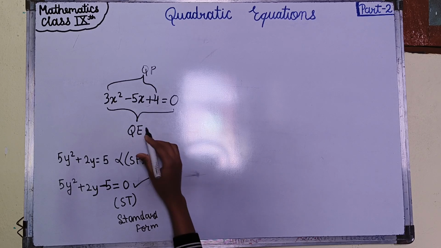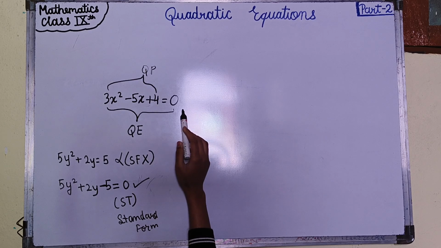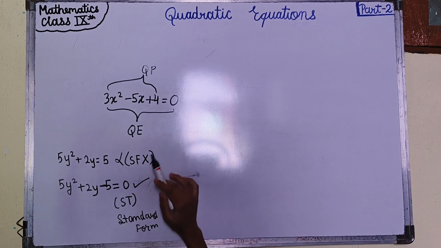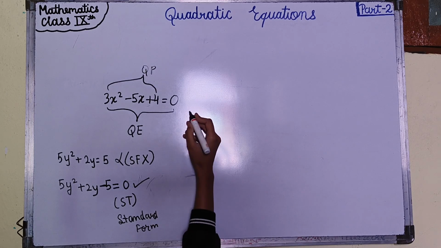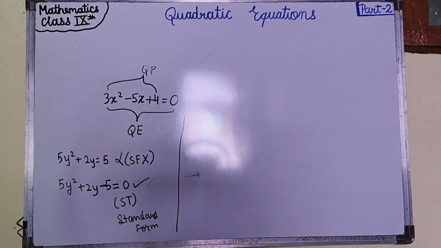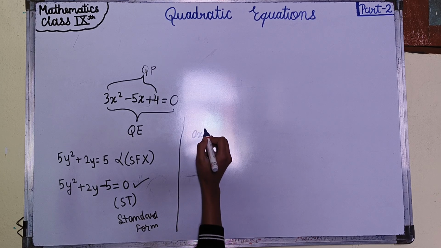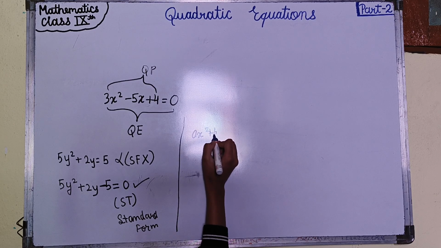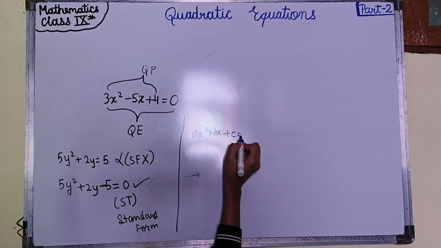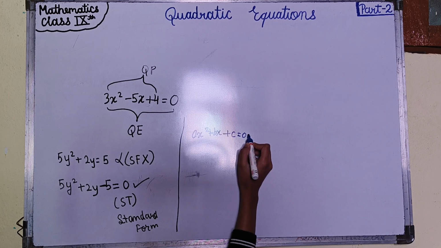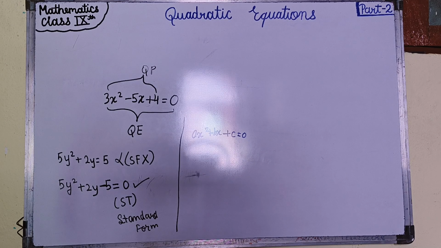So we can say this equation is in its standard form and even this is in its standard form. General form of a quadratic equation we have learnt is ax square plus bx plus c equal to 0, where a, b, c are real numbers and a is not equal to 0.